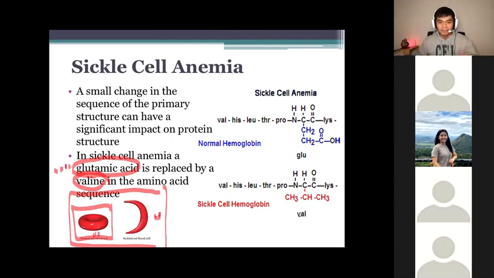Now, anong implikasyon pag naging crescent-like shaped yung itsura ng red blood cell? Hindi na siya makakapag-carry ng oxygen. Pag hindi siya nakapag-carry ng oxygen, magiging anemic yung tao. Kaya sickle cell anemia ang tawag. Okay? Gets ba?